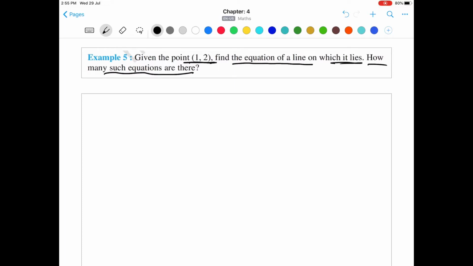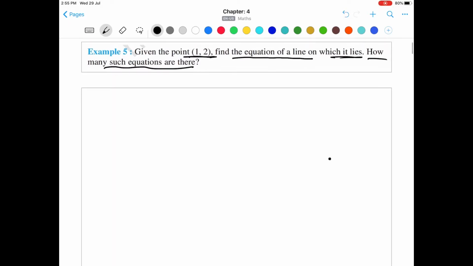Basically we know that if we have a point, we can draw a line like this which will pass through the point, or you can say this point is lying on this line. We can draw another line like this. Now you can see the same point is lying on this blue line also.